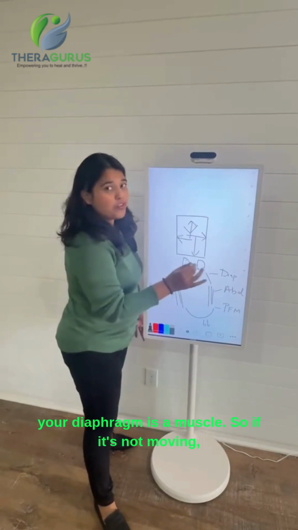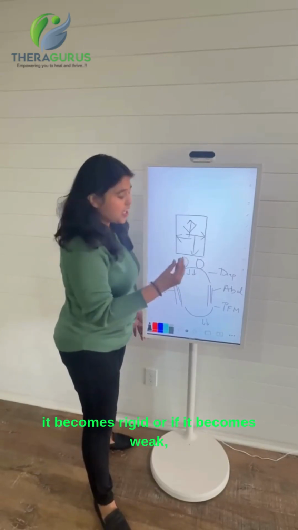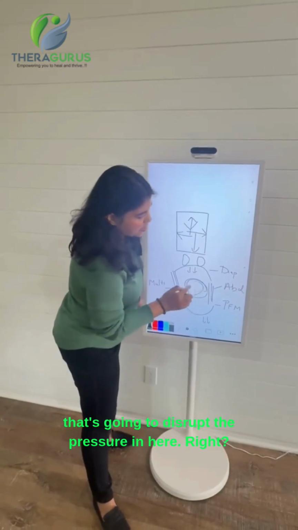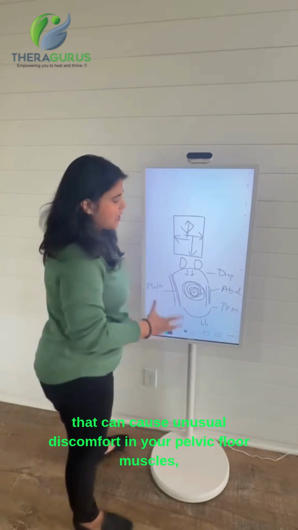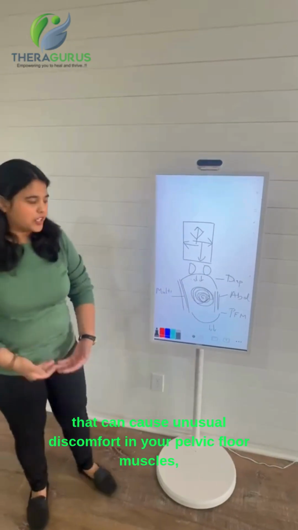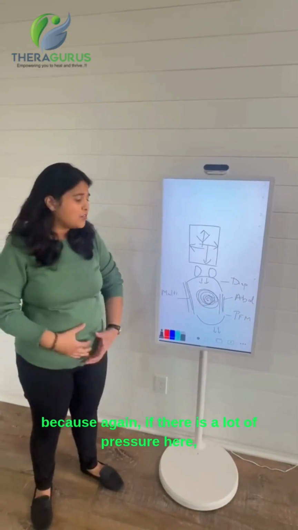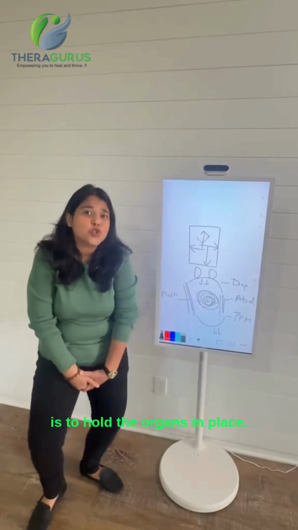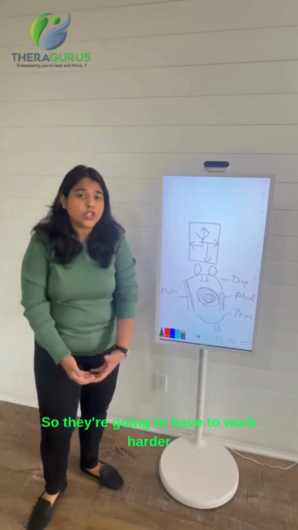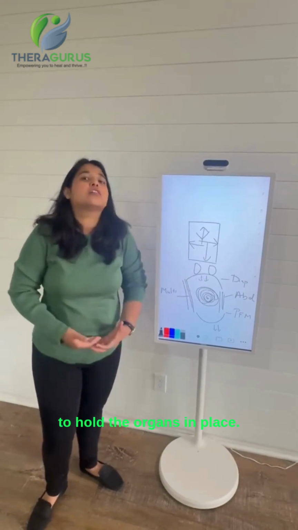If it's not moving, it becomes rigid, or if it becomes weak, that's going to disrupt the pressure in here, right? And with that disrupted pressure, that can cause unusual discomfort in your pelvic floor muscles, because one very important role of your pelvic floor muscles is to hold the organs in place. So they're going to have to work harder to hold the organs in place.